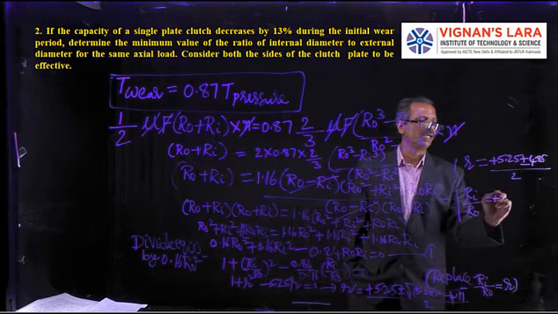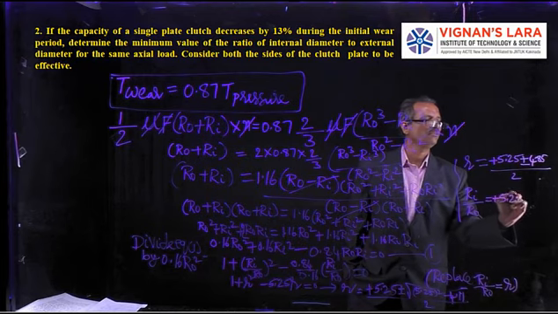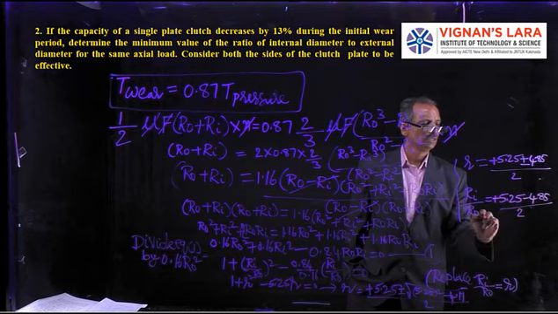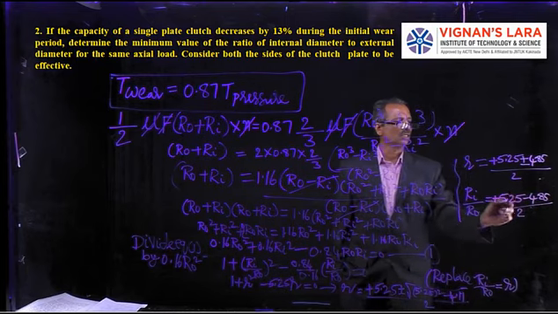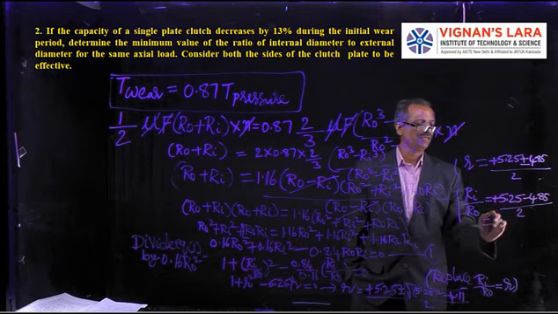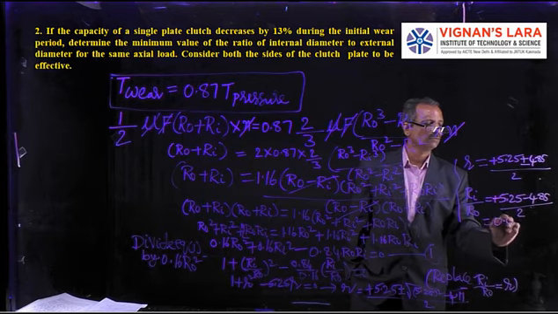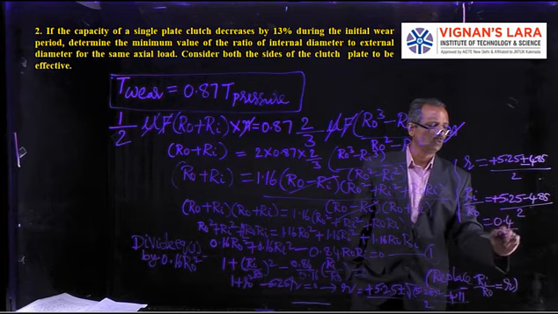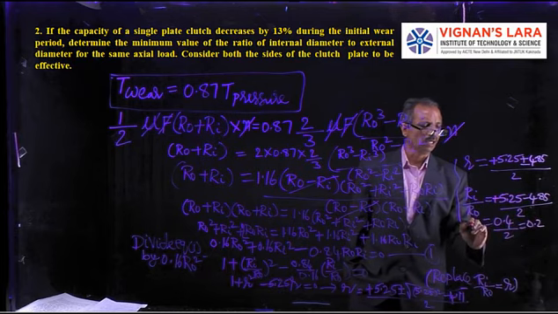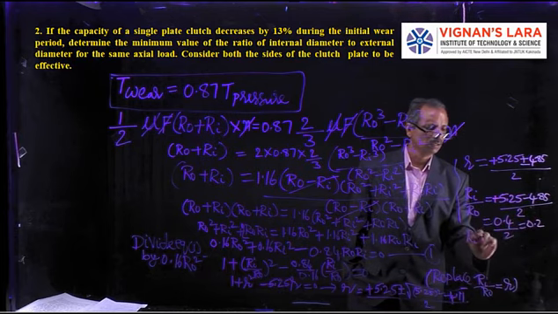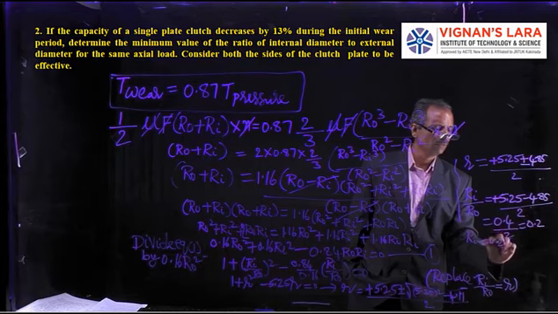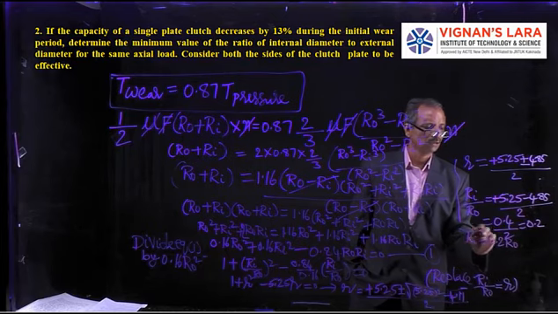This should be minus. So 5.25 minus 4.85 by 2, so 0.4 by 2, which gives me 0.2. That is, Ri is 0.2 times R naught.